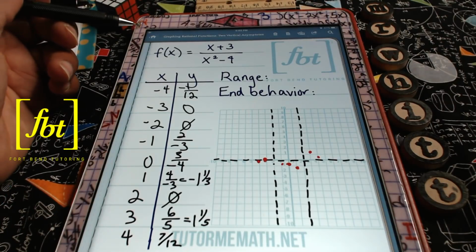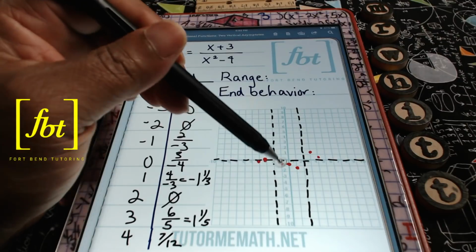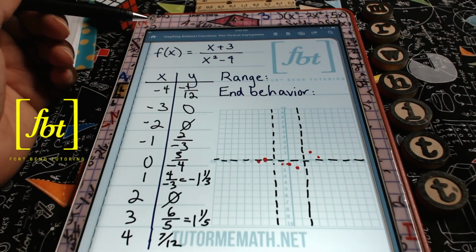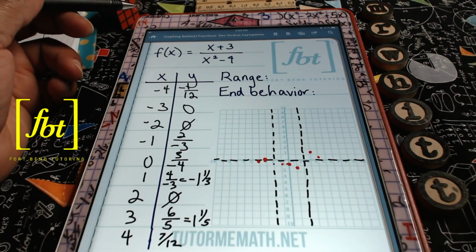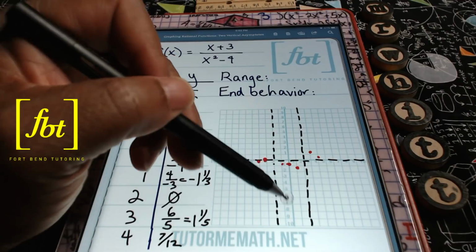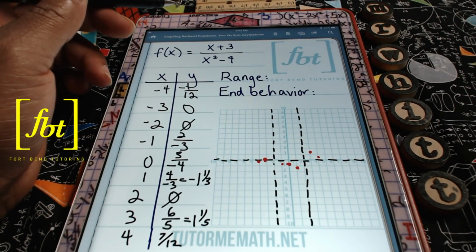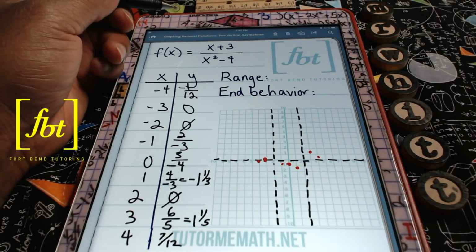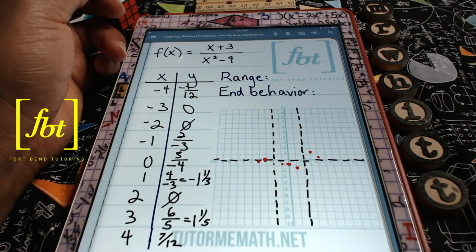So as I told you guys before, sometimes the parabolic shapes between the two vertical asymptotes are not perfect. They're not symmetric across any axis. So therefore, you want to be hesitant when assuming that you're definitely going to have a parabolic shape between the two vertical asymptotes. So what I'm going to do here is I'm going to be a little cautious. I'm going to see what happens when x equals -3/2 and also when x equals +3/2.